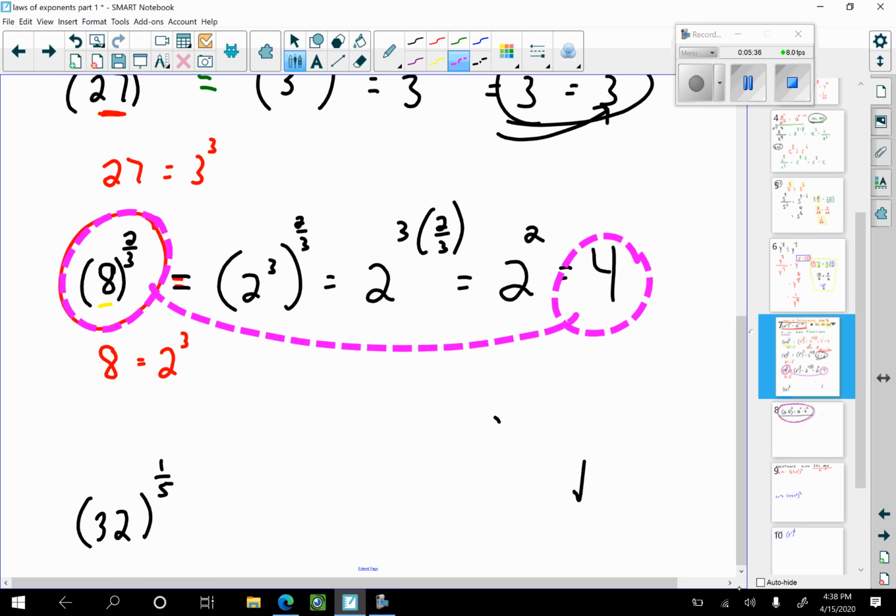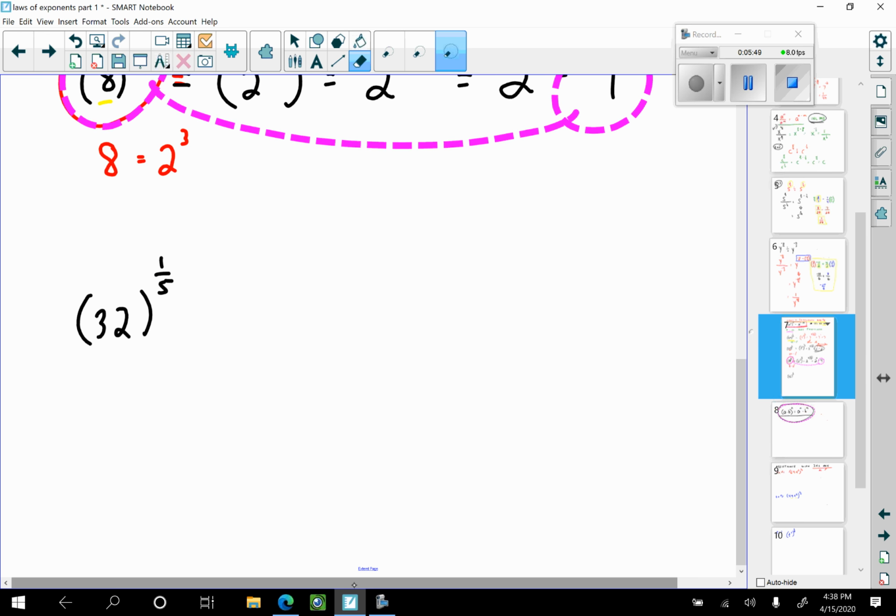One more example before we go to the problems that will be similar. These particular parts will be part of IXL problems, but it's easy to think about these separately. Okay, so 32 to the 1/5 power. Let's see here. What is that? Oh, I know. Isn't 2 to the 5th equal to 32? 2 times 2 times 2 times 2 times 2, yes, it is.